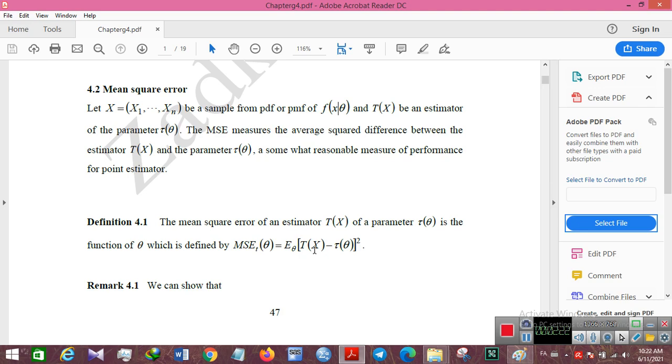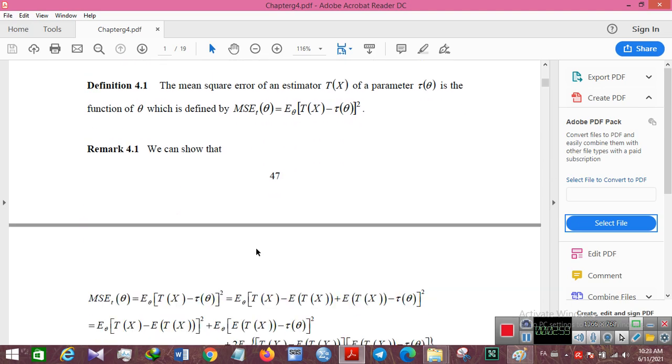So if the distance between T(X) and theta is large, the value of the mean square error is bigger, and if T(X) is equal to theta, the mean square error is equal to 0. Therefore, it is the best criteria to define the optimality of the estimator T(X).